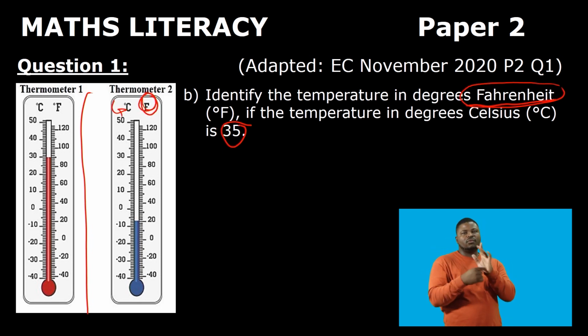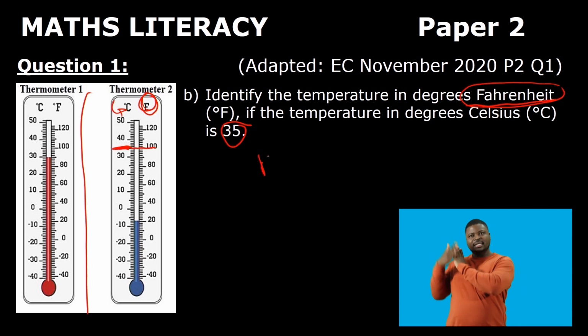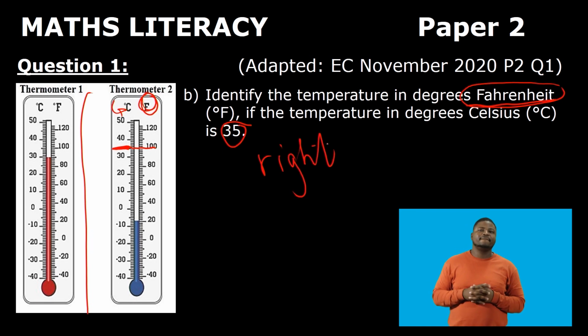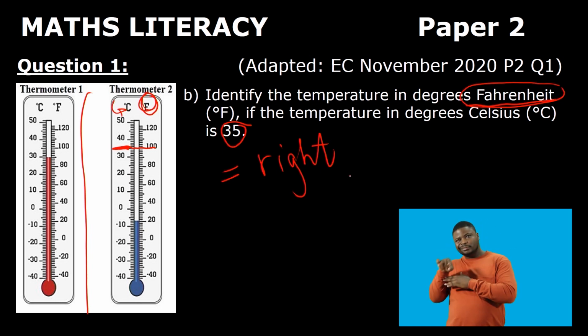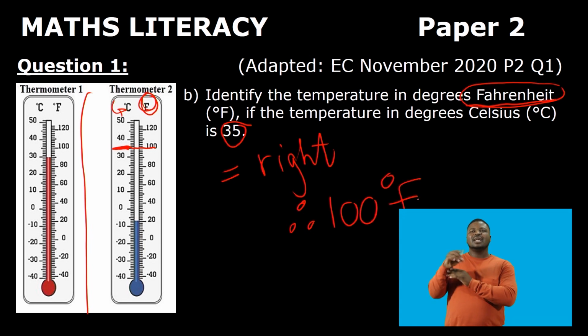Celsius is given, so we will find 35 degrees Celsius on the Celsius side and read it off the right-hand side. So you look on the left and you read from the right, and then you'll see it's approximately 100 degrees Fahrenheit. Please remember, if you can't read it properly, there will be a variance of 2 units to the left and 2 units to the right, so don't be too stressed about this.